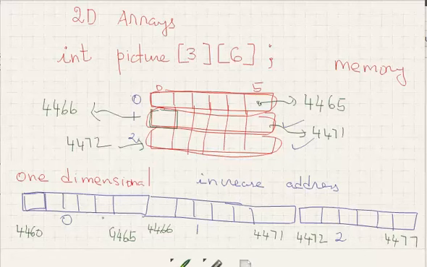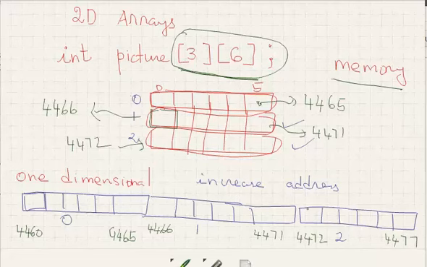So in memory, it's arranged as one-dimensional data. You may visualize it as a 2D. In other words, even though you defined it as a 2D array, our system stores it in one-dimensional.